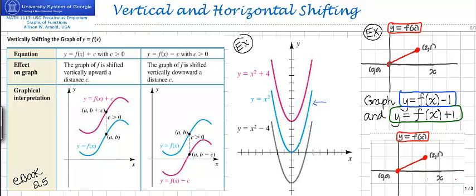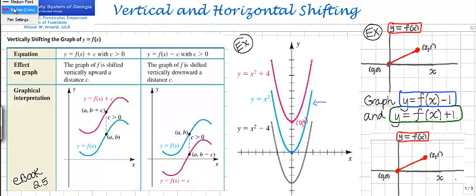And if we wish to graph y equals x squared plus 4 and then x squared minus 4, what I want you to notice is the vertex of y equals x squared is (0, 0). If I move that up 4 units, then the vertex of my graph y equals x squared plus 4 becomes (0, 4). And all the other points move up as well.